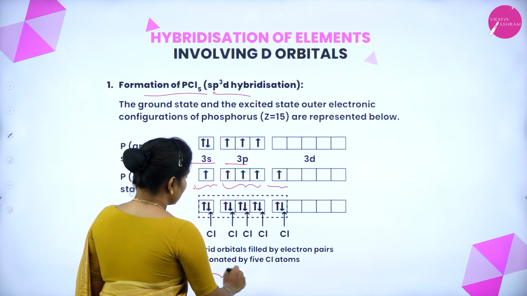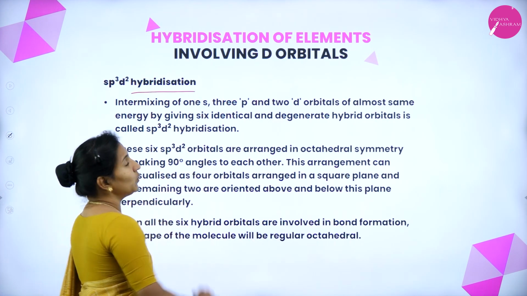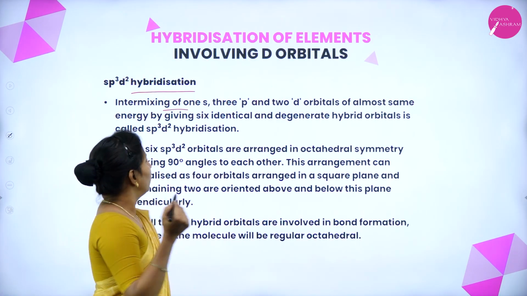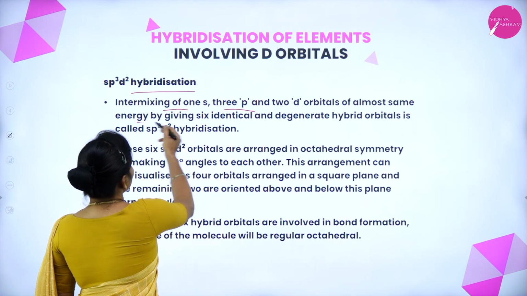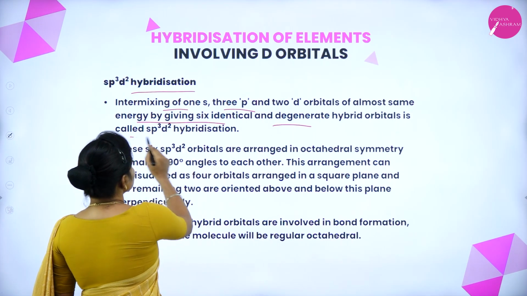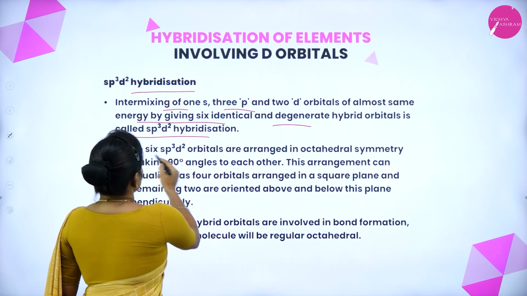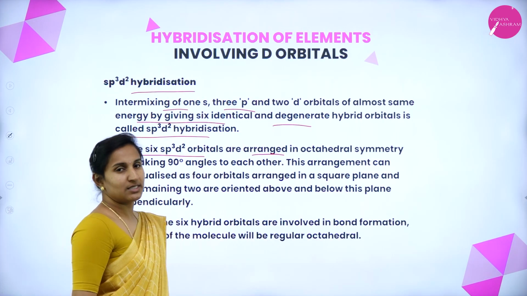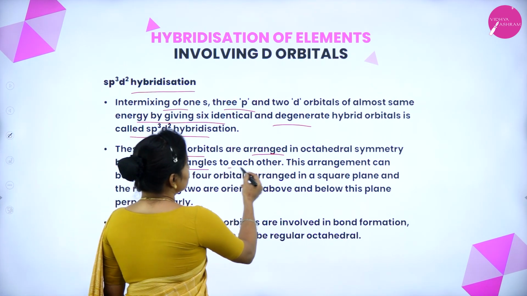PCl5 shows sp3d hybridized orbitals. Now sp3d2 hybridization: the intermixing of one s orbital, three p orbitals and two d orbitals of almost the same energy gives six identical degenerate orbitals, called sp3d2 hybridized orbitals. These six sp3d2 hybridized orbitals are arranged in octahedral symmetry, making 90 degree angles to each other.